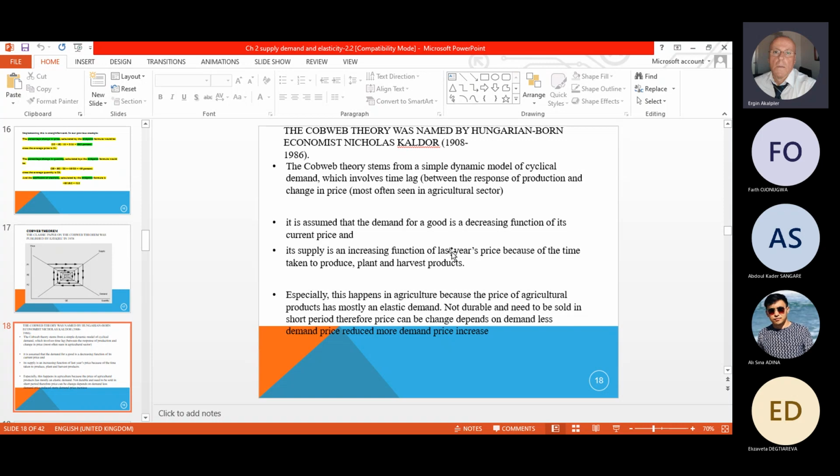It is assumed that the demand for a good is a decreasing function of its current price, as is normal, because this means the price in the market affects the demand very heavily.